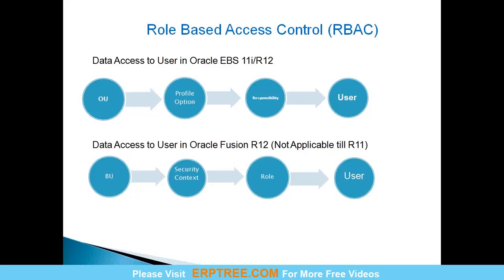If I assign just the responsibility to the user, there is no use. The user can have access to those functions, whatever we have within that responsibility, but the user cannot perform any transaction. So what we have to do is assign an operating unit to the responsibility by using the profile option. Generally we assign the operating unit to the responsibility by using the profile option.